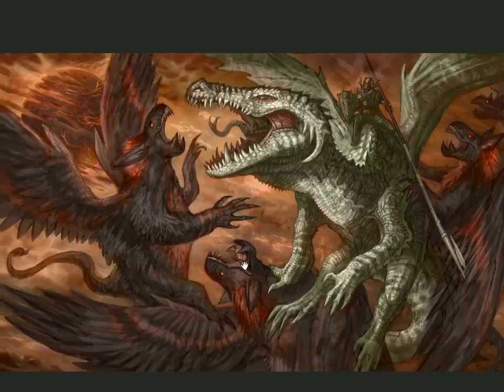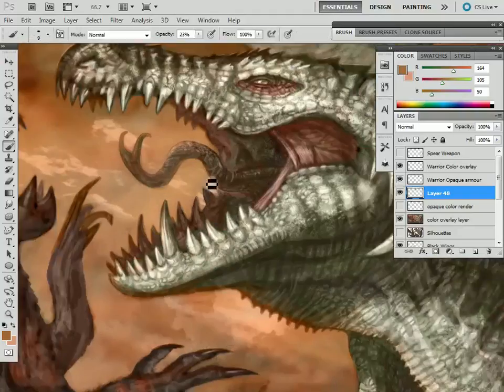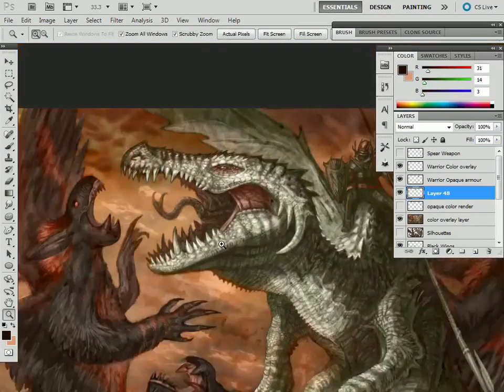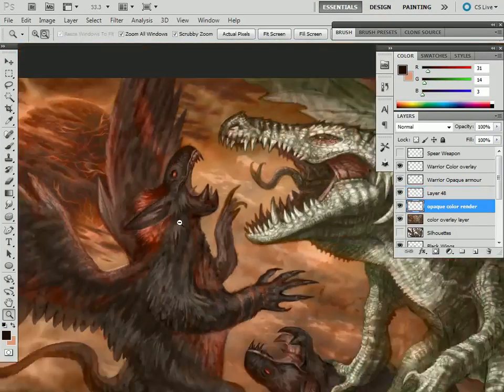So basically, it's like the black wings are born of this sun. They're connected with this fiery orange sky, and the white dragon stands out.